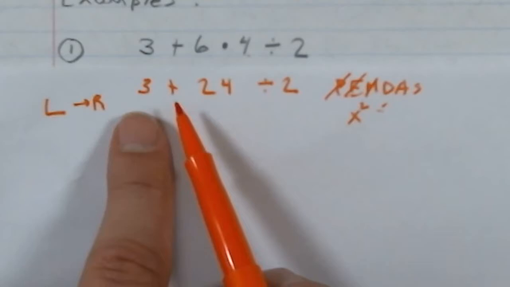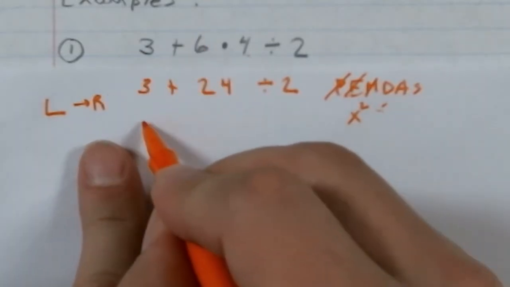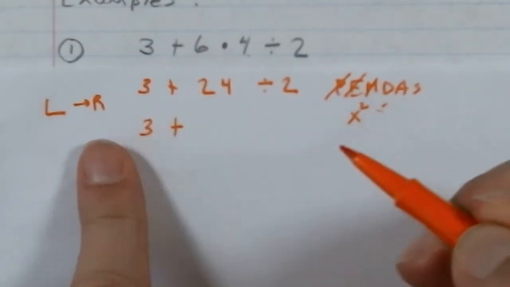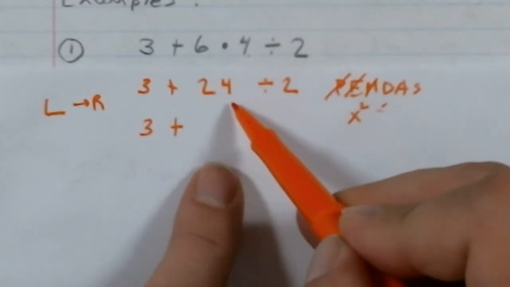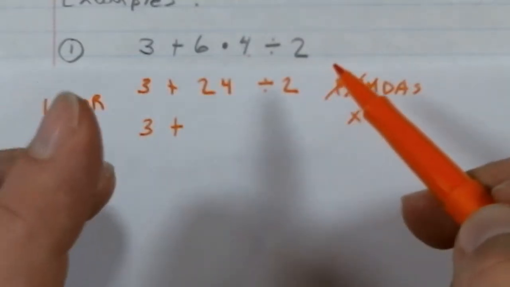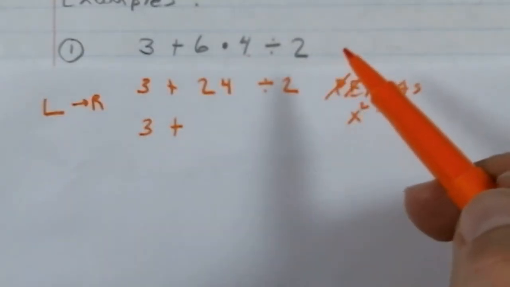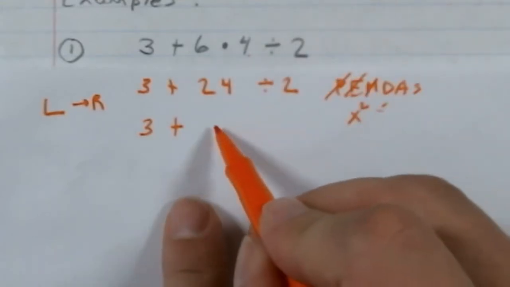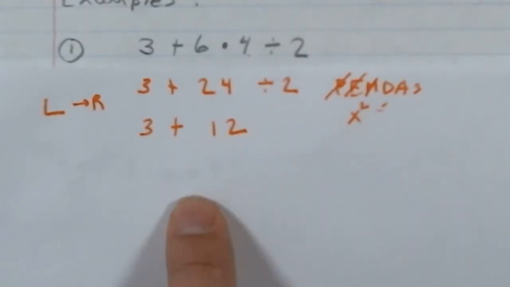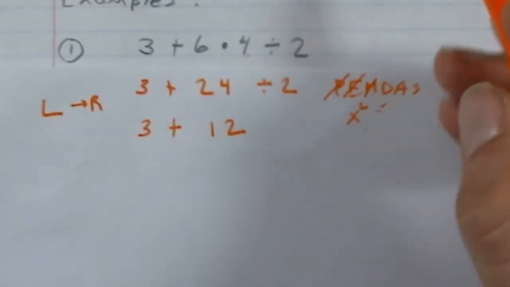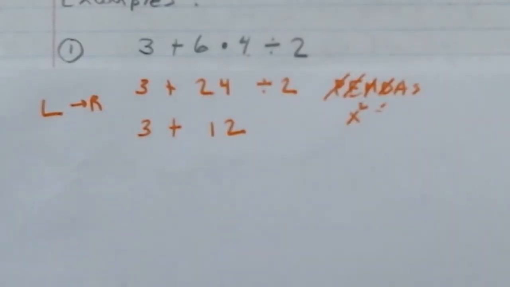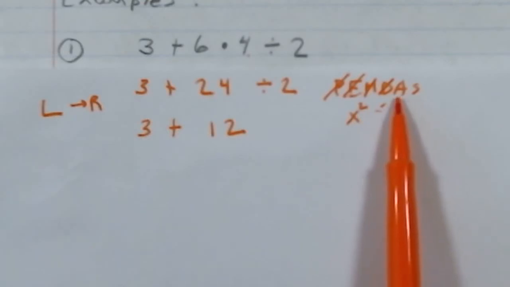So we have division. I'm going to write down the 3 because I didn't use it. 24 divided by 2. I had to think about 20 divided by 2. Half of 24 is 12. Good. Now division's gone. What's next? Now you have addition and subtraction.